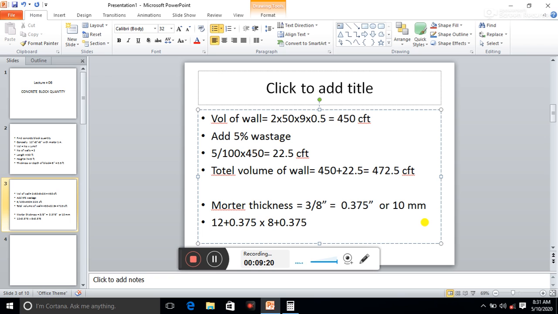We will add 0.375 to length, breadth, and thickness. Multiply by thickness, which is 6 inches plus 0.375.